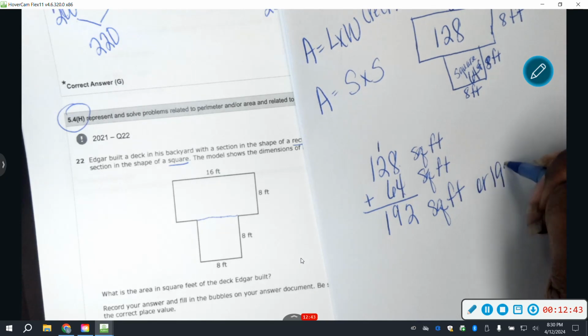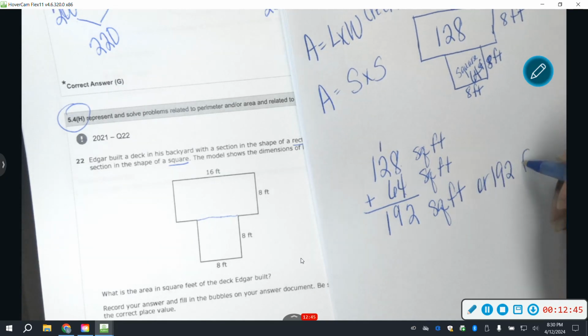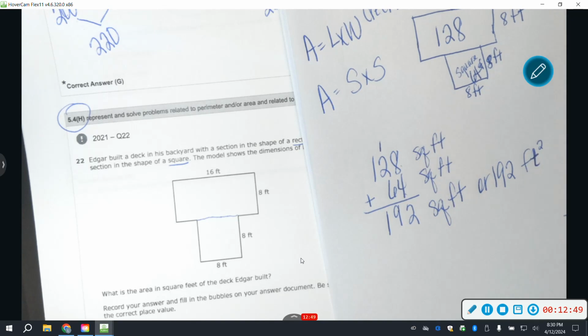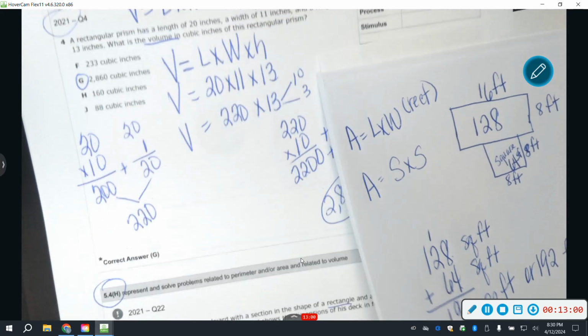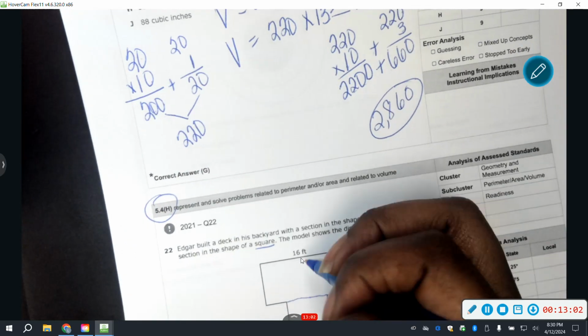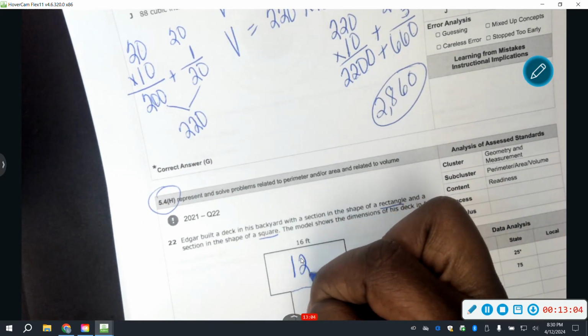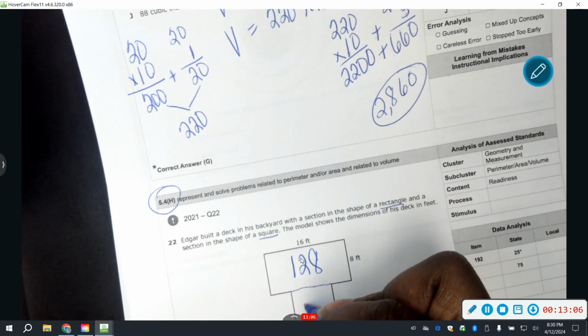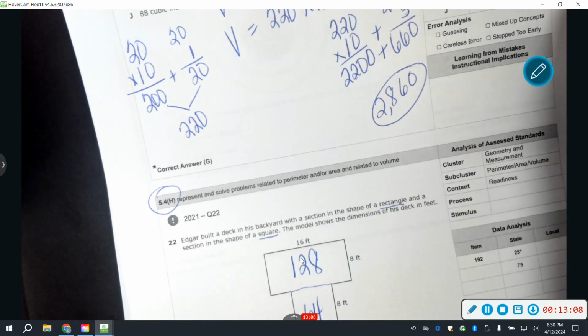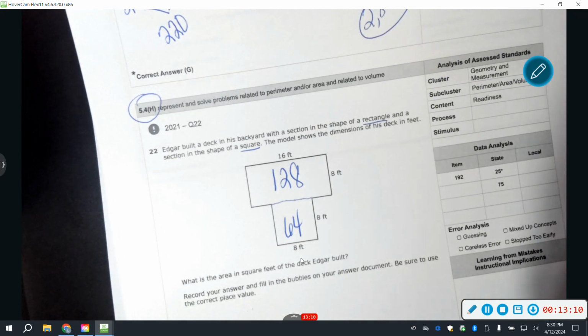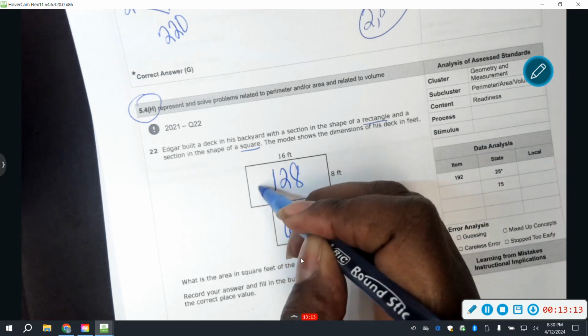You might also see this. It might look like this, 192 feet with a little 2 there, right? Which just means the same thing. Square feet, feet squared, same as square feet, okay? All right, so today you have done one very simple problem. You figured out the area using the formulas that were provided to you or that will be provided to you on the reference sheet, and you just added those together.